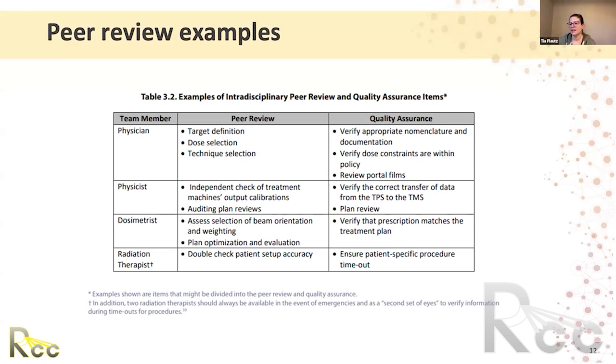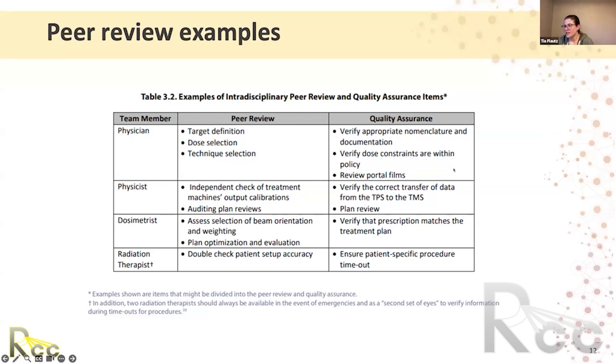It kind of outlines the team members in this column, examples of peer review that the team member might participate in, and some examples of quality assurance that that same team member might participate in. So the physician, for example, you might go into a peer review and they would verify that they agree with the target definition, the dose selection is appropriate for the pathology, and the technique is appropriate for that type of pathology as well.